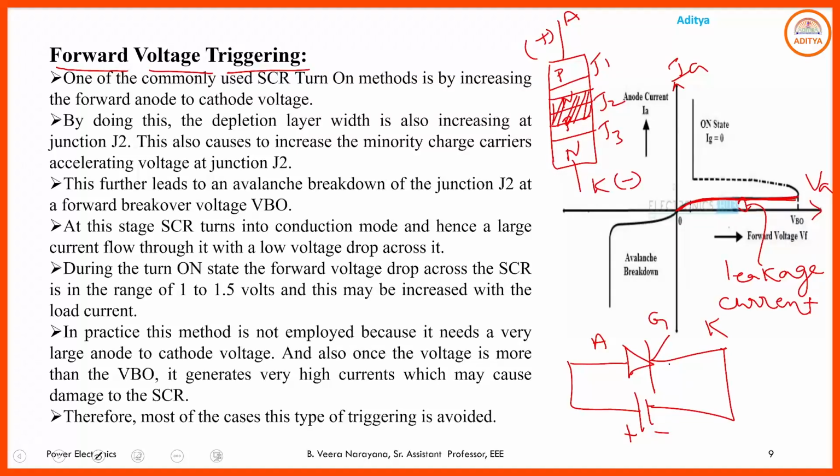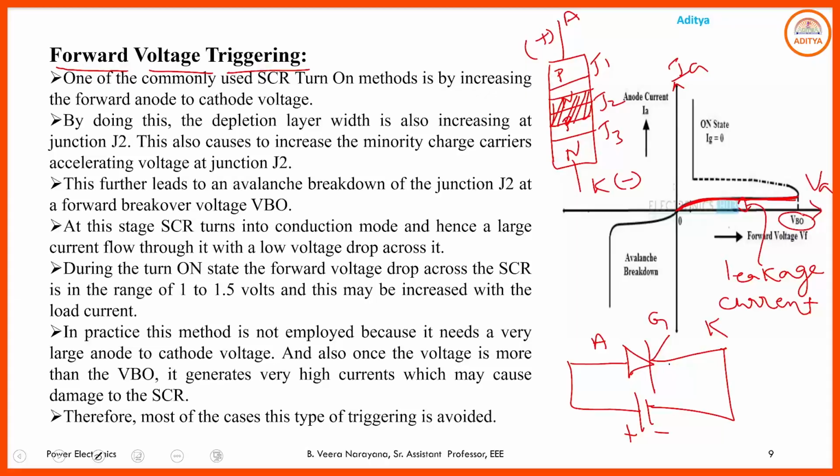As you increase the voltage across the SCR, the width of the depletion layer decreases. At a particular voltage, that voltage is the forward breakover voltage, VBO.